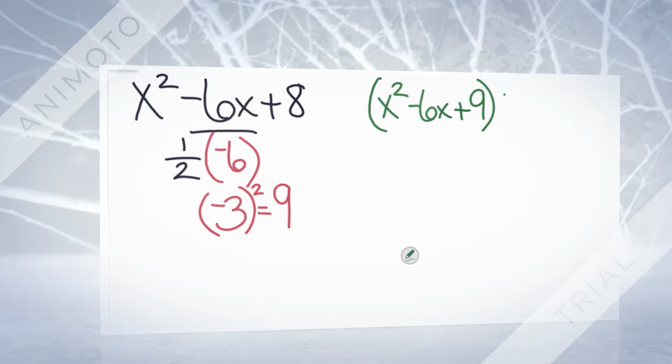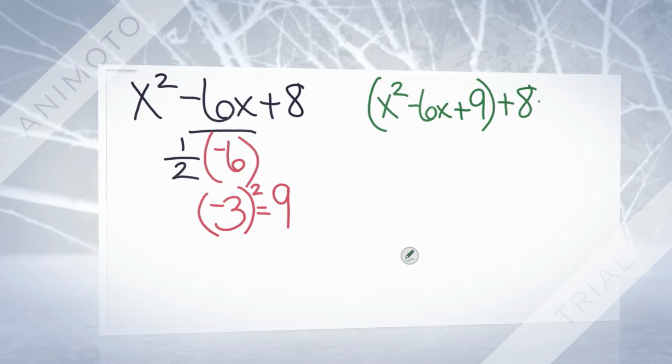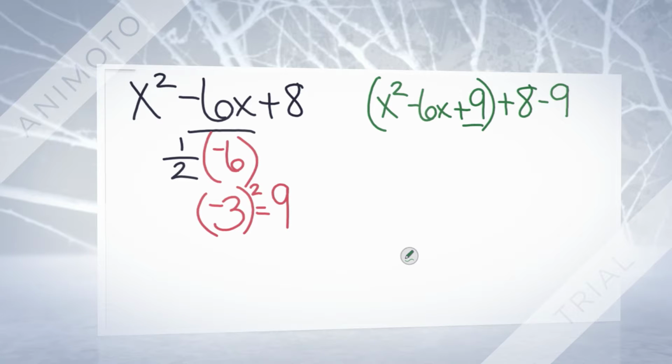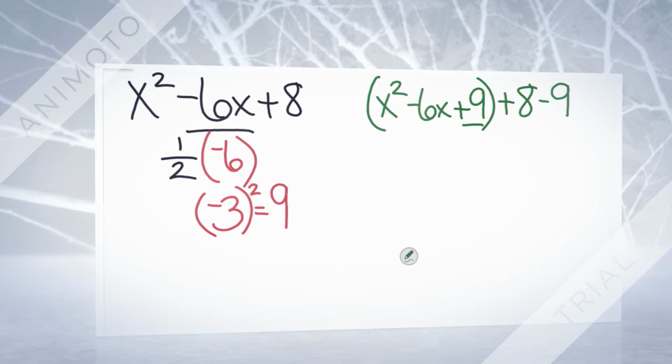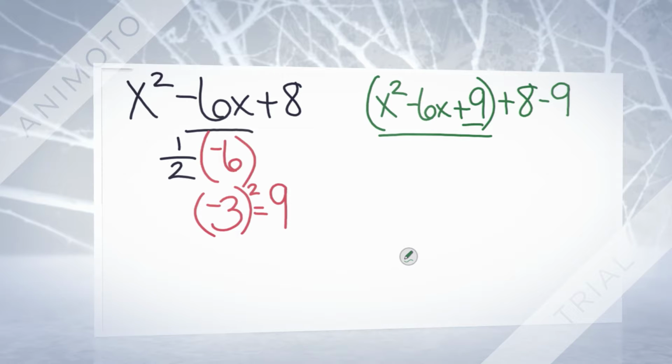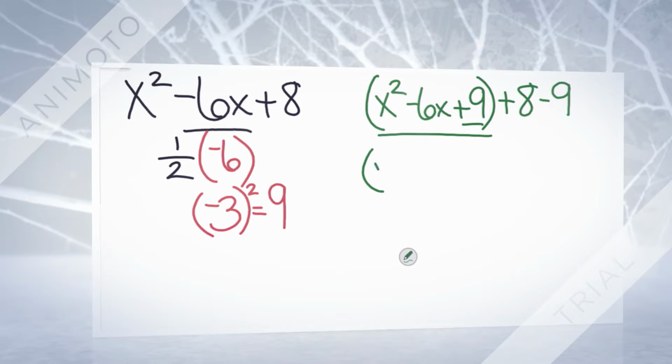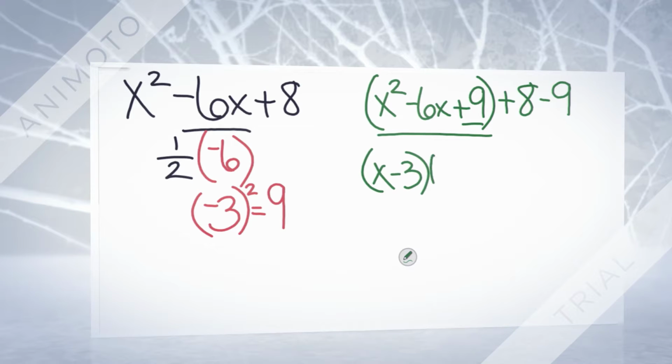Then you bring your 8 over here, and you also do the opposite of this term so that they can cancel each other out. But instead of canceling each other out, now we're going to work with this first equation, and we're going to factor it. Well, if you draw your x, then when you get done with that part, you should get x minus 3 times x minus 3.